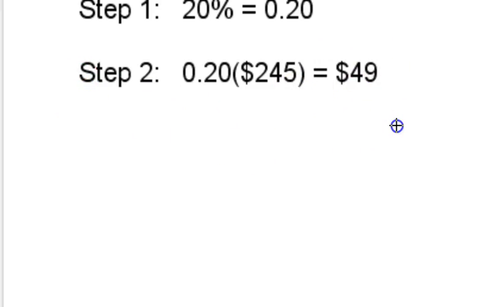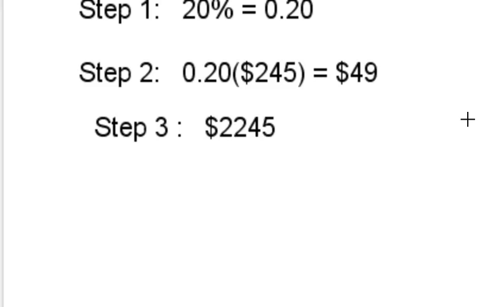So step 3, to get the actual price, I'm going to add that to the original amount. So originally it cost $245. I'm going to add the $49. I'm sorry, subtract, because it's on sale. I'm going to subtract the $49.